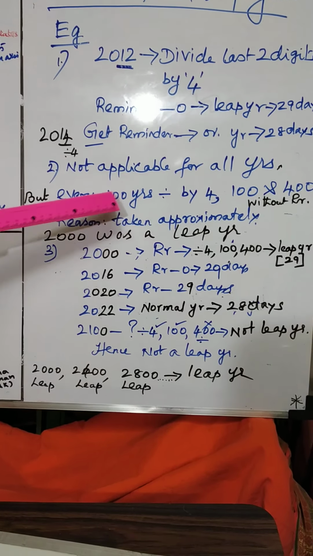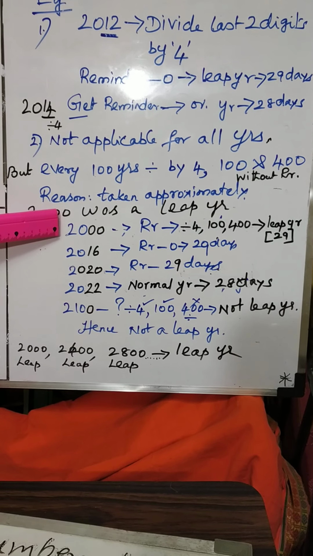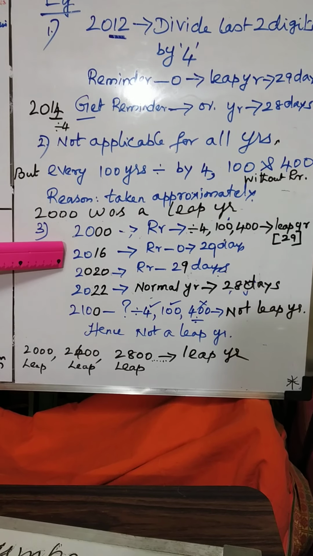And it was a leap year, with 29 days. Now after 2000, take 2100, which is again 100 years later. We will see that in a moment. Now after 2000, here I have taken 2016.